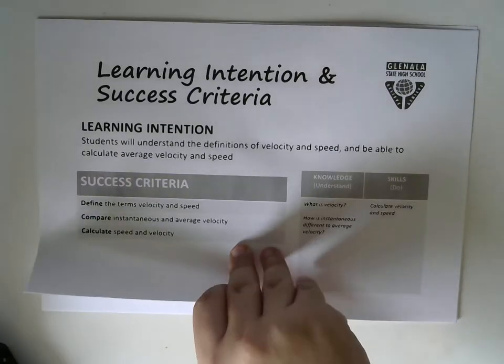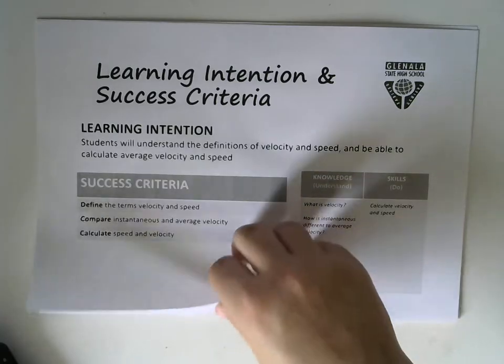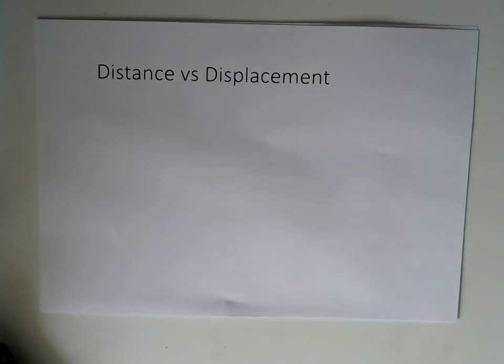Okay. Now, in the last video, I spoke about distance being the length of the path you travel, while displacement is how far you are from the start. I want to do a bit of a recap on that because it's going to be important for this.